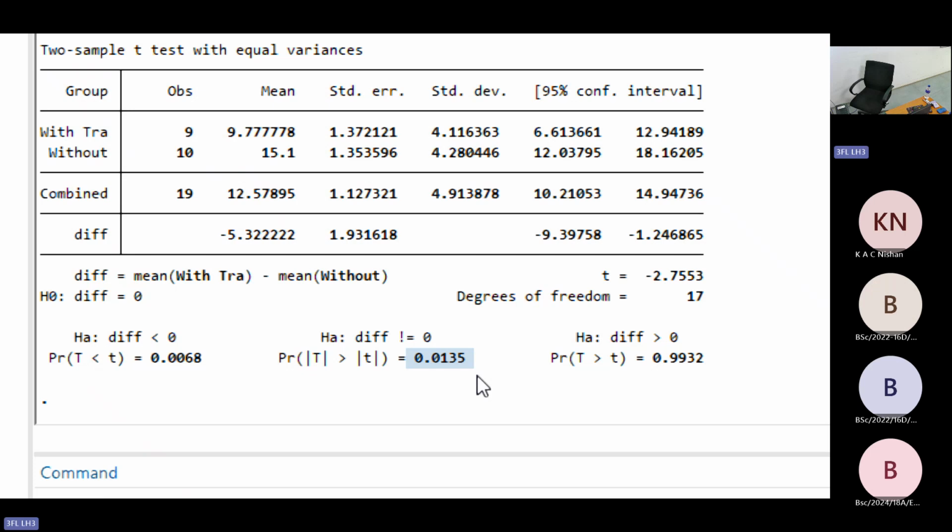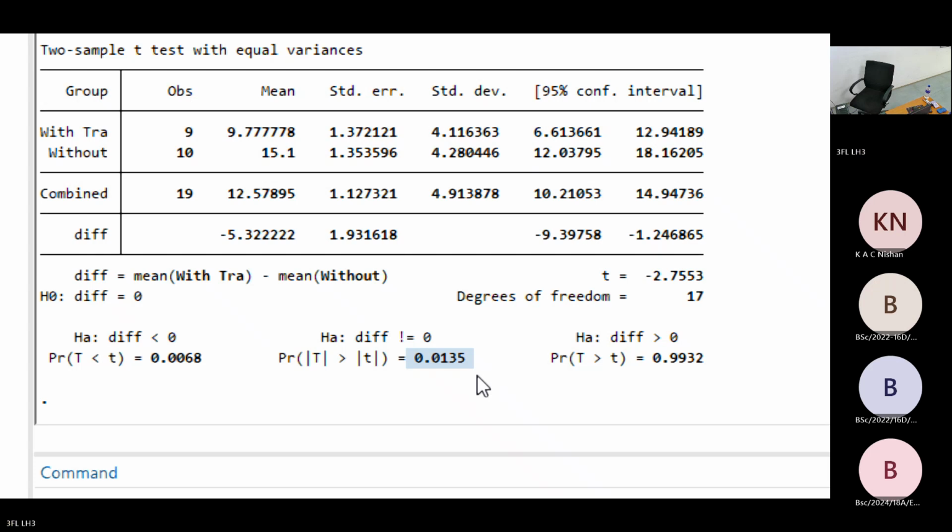So that's what is expected under step number 3. The p value, the significance value or the probability value, is 0.0135. Right. Let's take it down. That's the answer to step number 3.